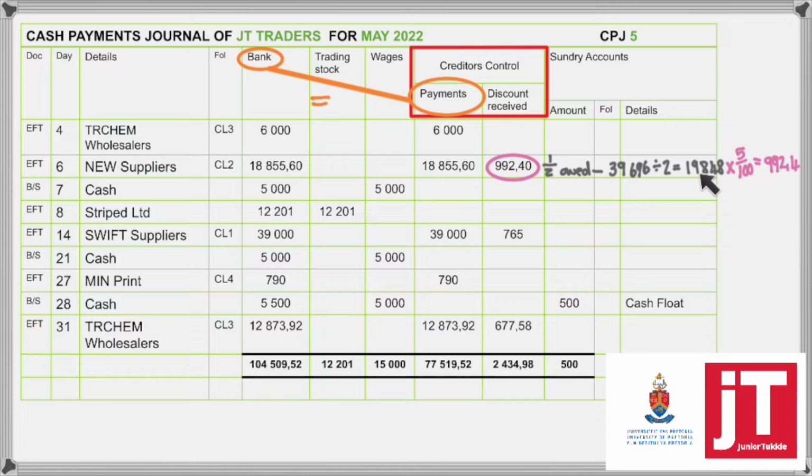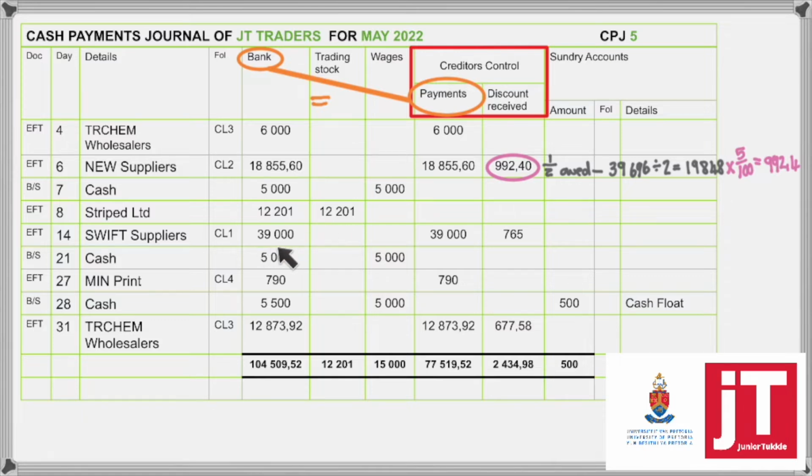So what you owe, 19,848 minus your discount of 992 Rand 40 gives you a total payment of 18,855 Rand 60 cents. And then the bank amount is the same as the payments amount because that is the actual amount paid. On the 7th, we just withdrew cash for the wages. On day 8, we bought stock via EFT.